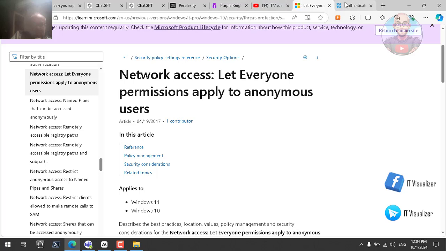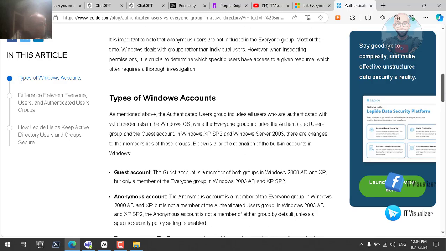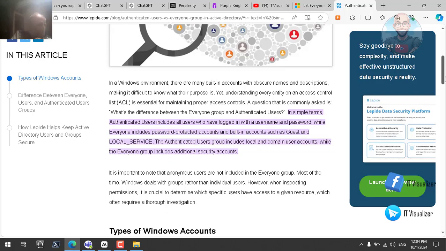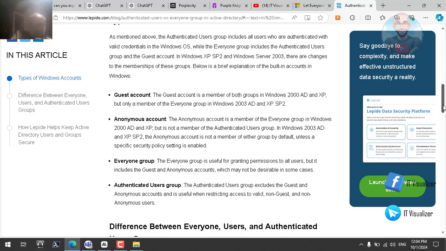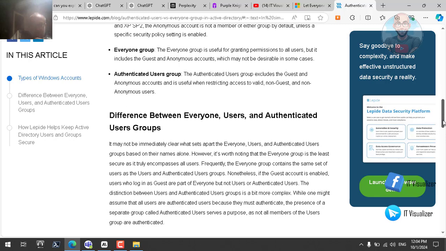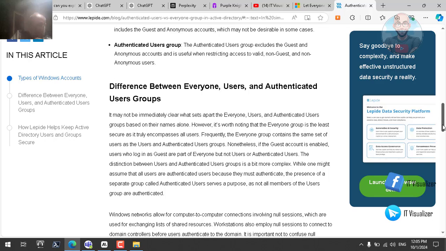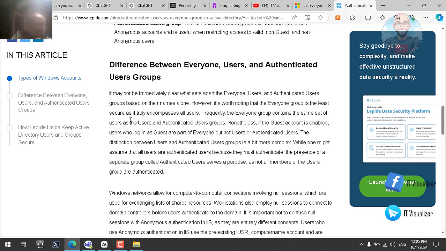group policy. I need to see what are the permissions for Everyone. The Everyone here is saying what are the permissions granted for the Everyone group. Okay, the Everyone group is the least secure as it purely encompasses all users.